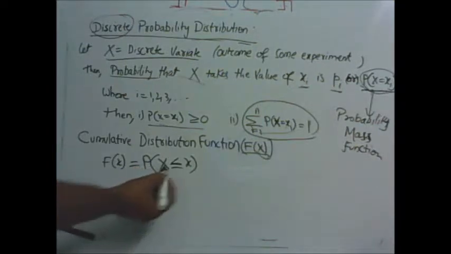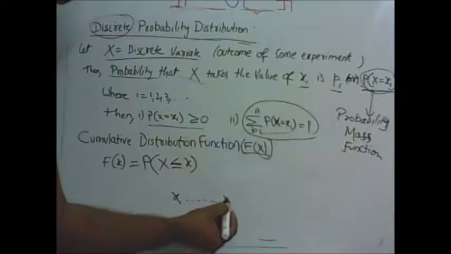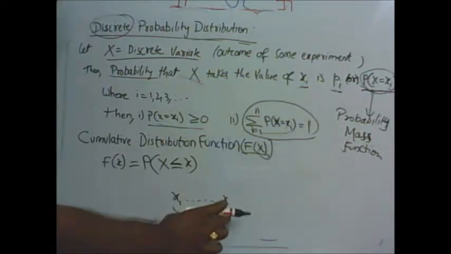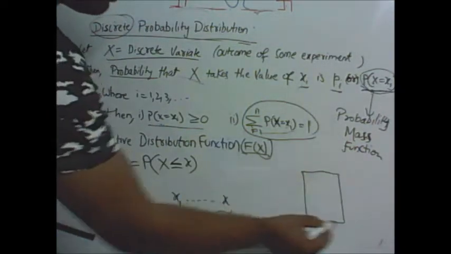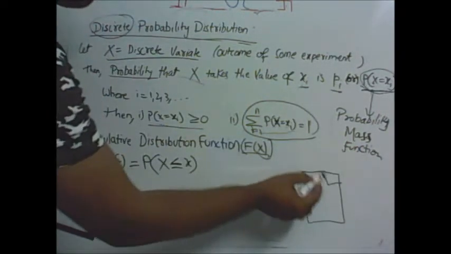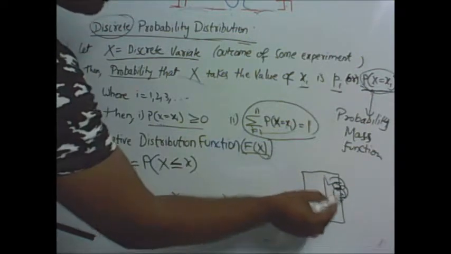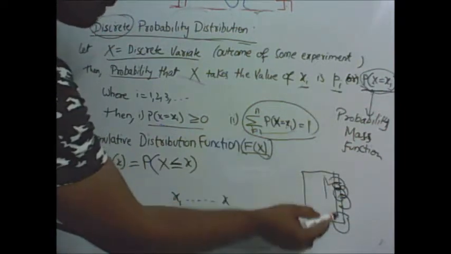It means that from x1 to x2, x3, x4 up to x, when we sum up all these probabilities, this total is the cumulative. What is meant by cumulation? We add the first value to the second, then the total to the third, then this total to the fourth, like that.